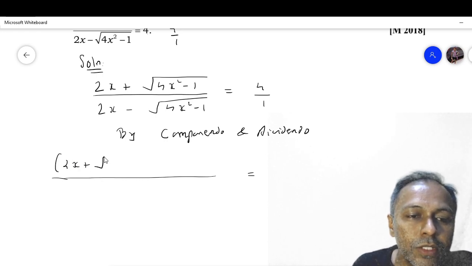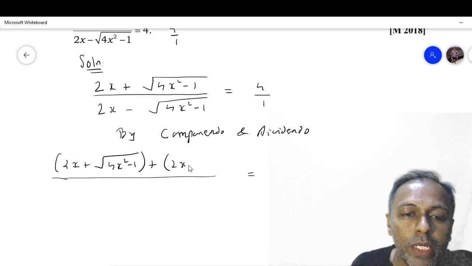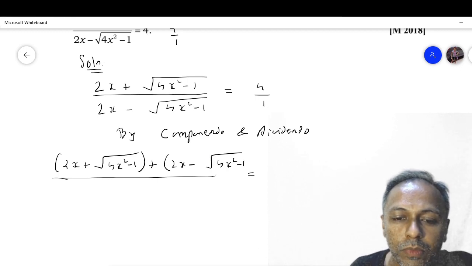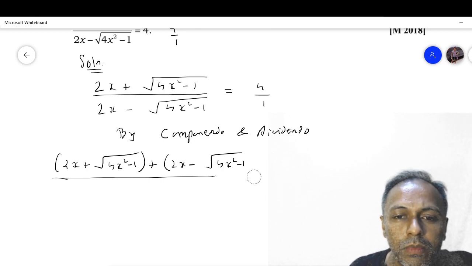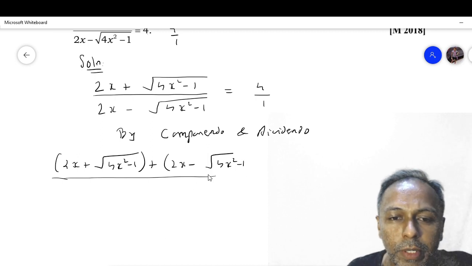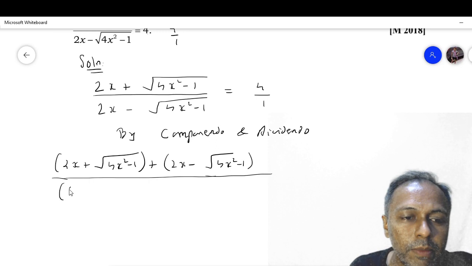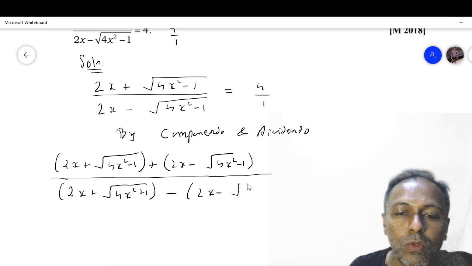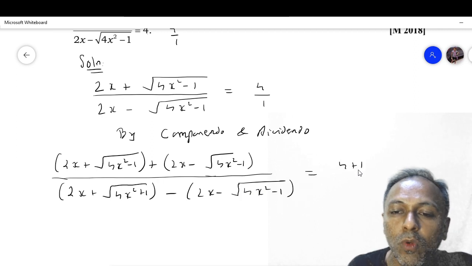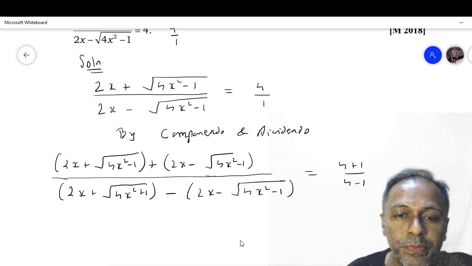So we have 2x plus root of 4x square minus 1 plus 2x minus root of 4x square minus 1 upon 2x plus root of 4x square minus 1 minus 2x minus root of 4x square minus 1 is equal to 4 plus 1 upon 4 minus 1.